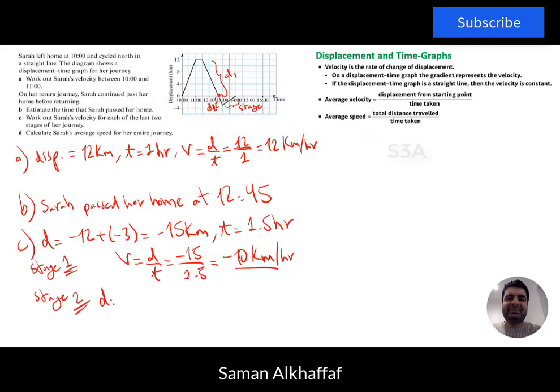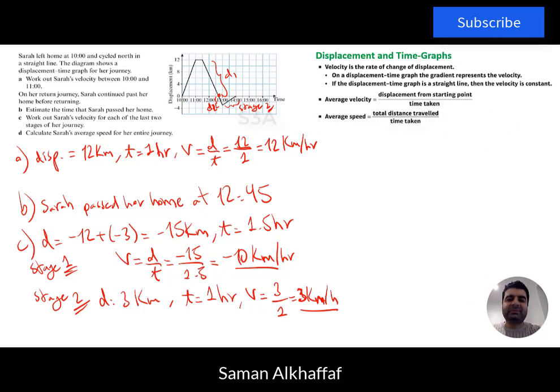In this scenario, we would have displacement equal to 3 kilometers and the time equivalent to 1 hour. So the velocity will be 3 over 1, and that will give us 3 kilometers per hour. And this will be our answer for part C.